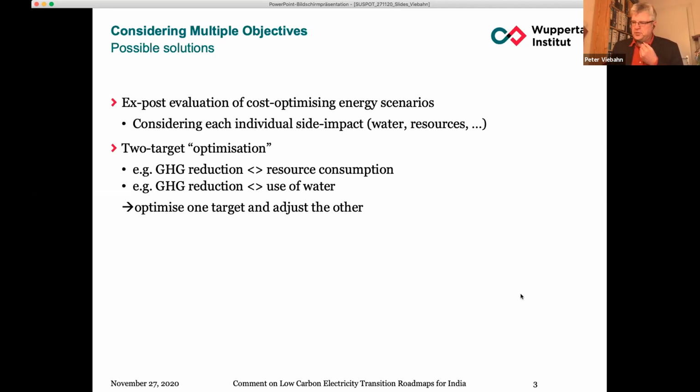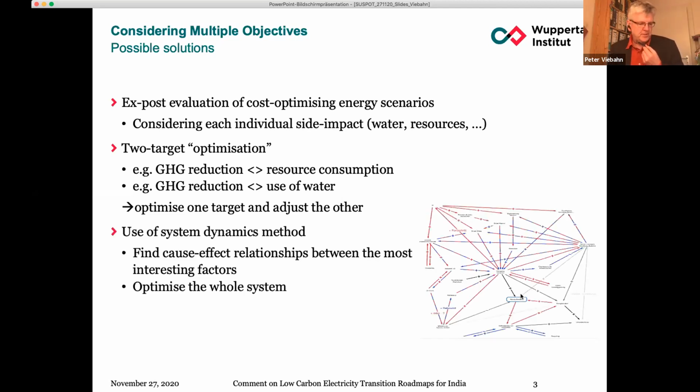Or you could use systems dynamics methodology, working with causal loop diagrams. On the right-hand side, you see one on the IT sector in Germany, where some scientists made an attempt to find all the different cause-effect relationships between the most interesting factors. There's also resource consumption and energy consumption, but lots of different factors.